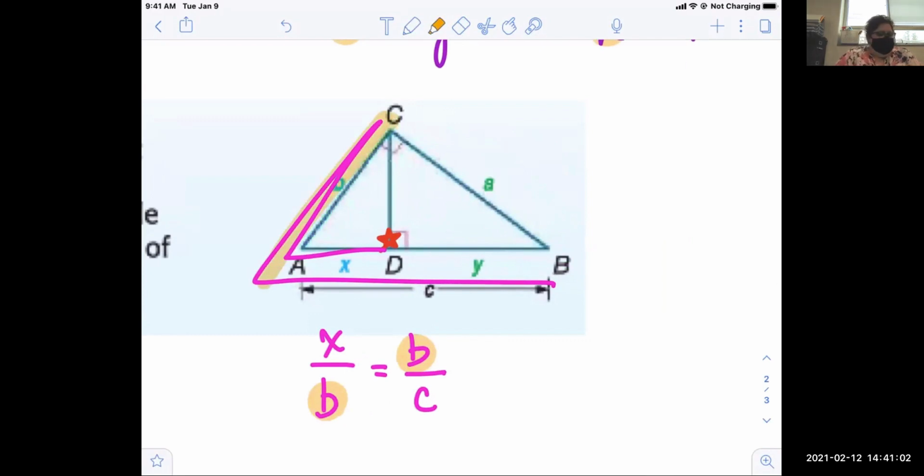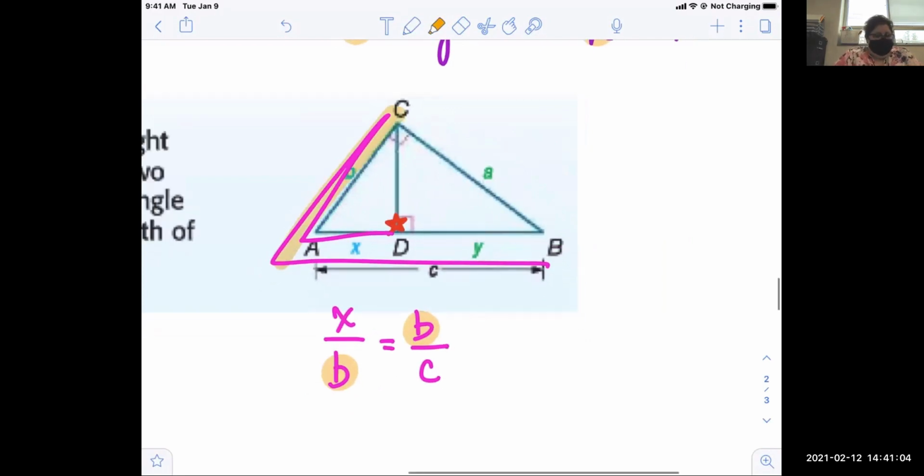Which triangles are being compared there? Hannah, which triangles are being compared? Baby and Papa, right? Short leg to hypotenuse here, short leg to hypotenuse, and then the other Papa triangle, short leg to hypotenuse.